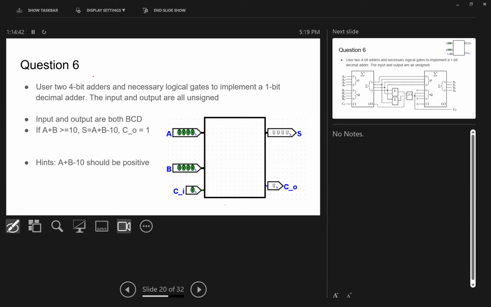So that we can transform the gray code 110 to the binary code 100. Is it clear?